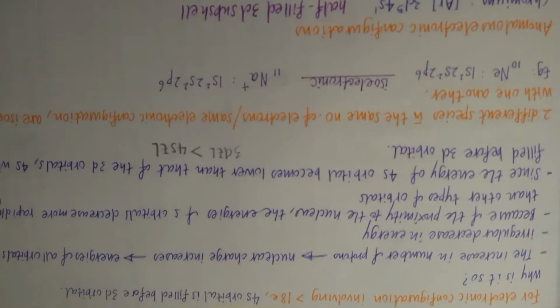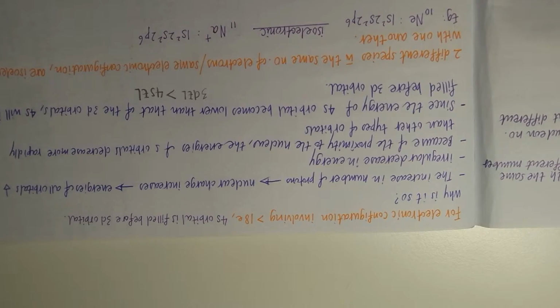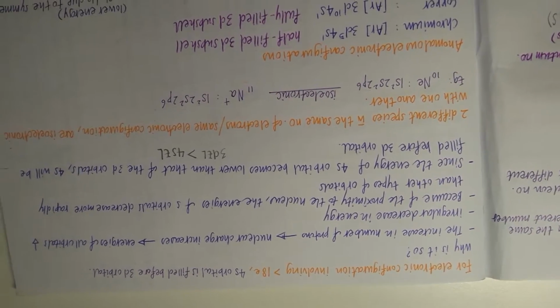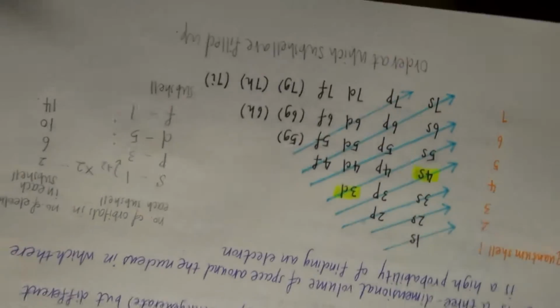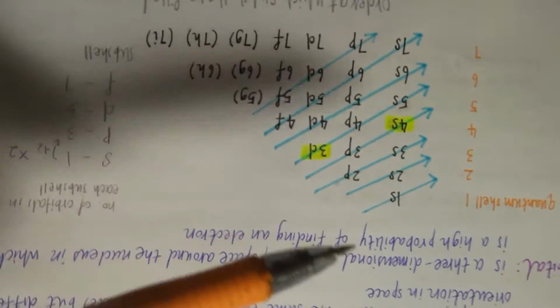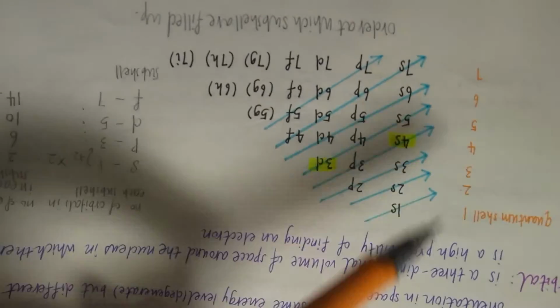This part is very important because for electronic configuration involving more than 18 electrons, the 4s orbital is filled before the 3d orbitals. Before the 3d orbitals, it will just follow the sequence: 1s, 2s, 2p, 3s.